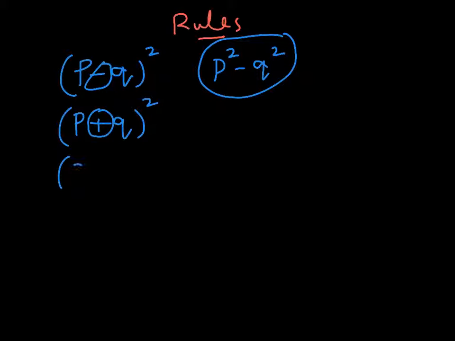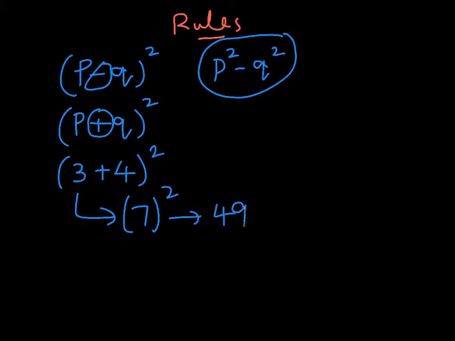Let's say we have (3 plus 4) squared. What does that mean? This means 3 plus 4, because we have to do the addition within the bracket before we do the squaring. So 3 plus 4 gives us 7, and then 7 squared gives us 49. Can you see that 49 is a perfect square, isn't it?